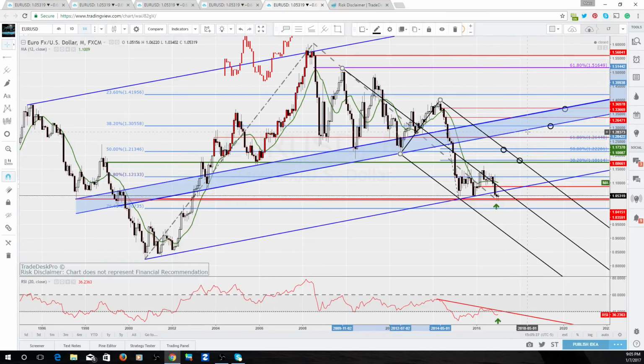Now, this is a monthly chart. That doesn't mean that in a bearish environment we can't still make money. The idea is that price, since it's been moving further and further away from the lower parallel, should go back to the median line, cross it, and go to the upper parallel. That's the idea anyway.